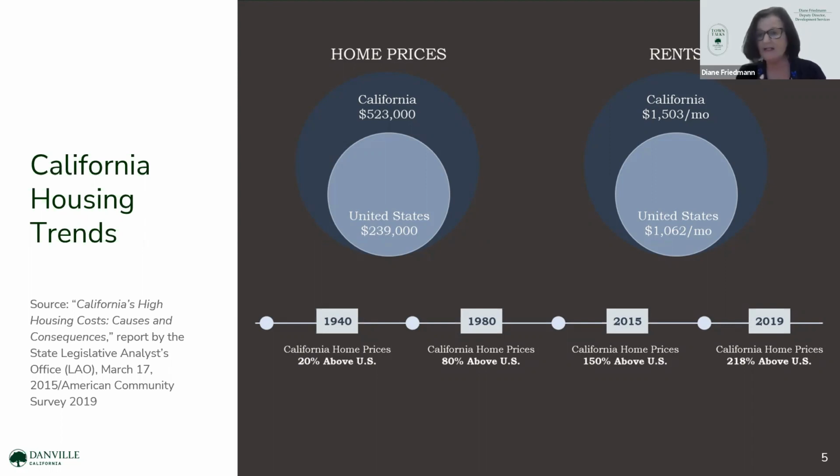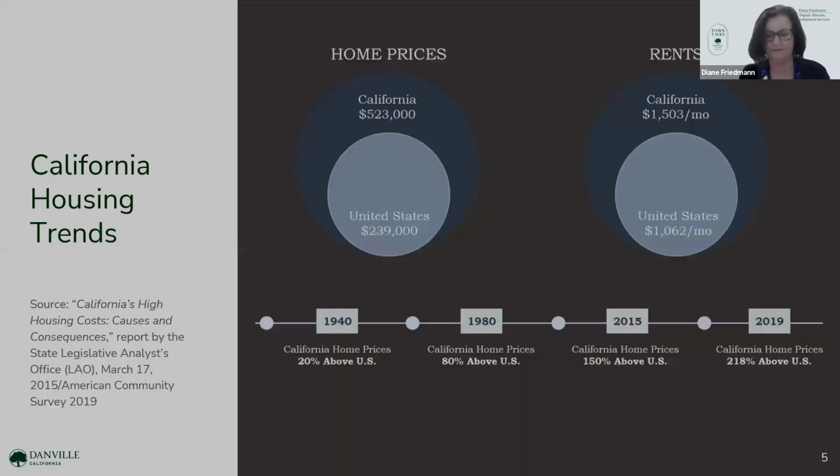If you look from the 1940s to 2019, which is the most recent figures that we have, the average cost of a home in the state of California is $523,000. In the rest of the United States, it's $239,000. In California, the average monthly rent is $1,503. And in the US, it's $1,062. So home prices are very, very expensive in the state and also as compared to other states in the country.